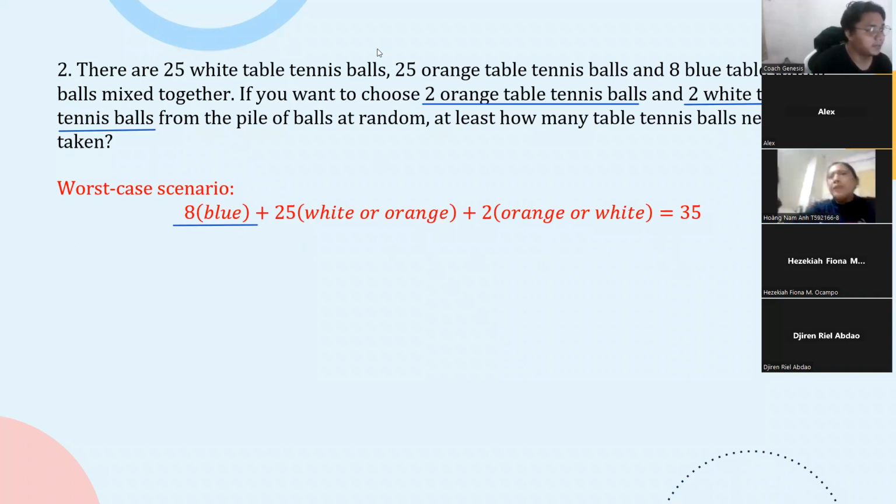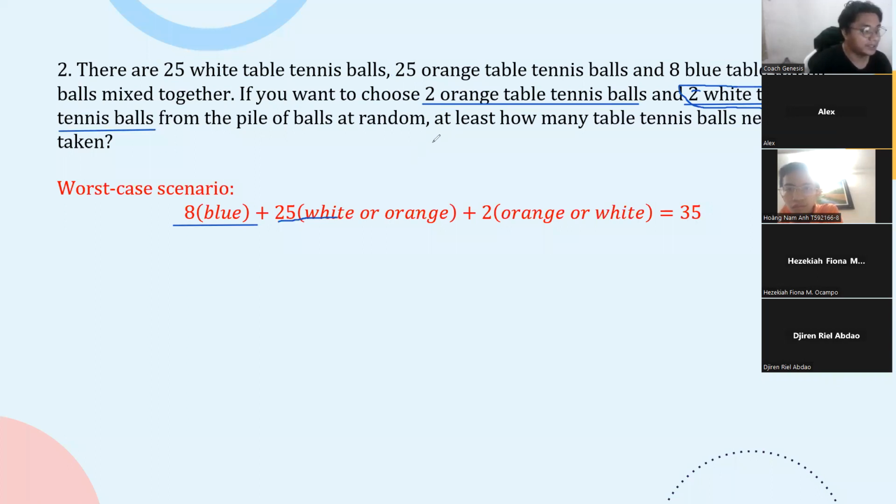As you can see here, we have 25, an equal number of balls, and we also need to pick two of each. So it doesn't matter whether you pick 25 white first or 25 orange table tennis balls. So you have 8 blue, and then we pick, let's say, 25 white balls. We have already satisfied the condition of two white table tennis balls.